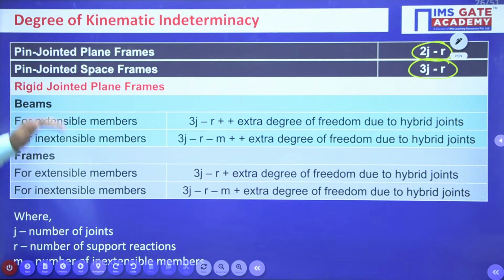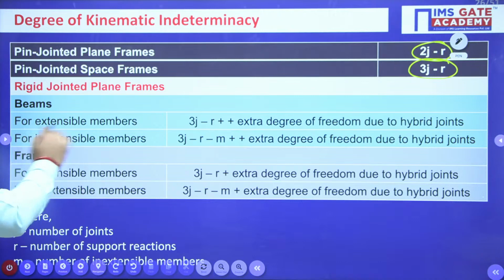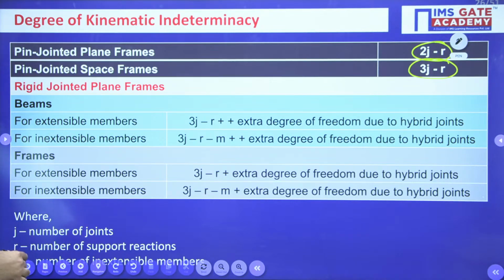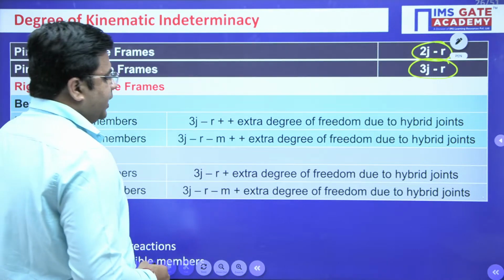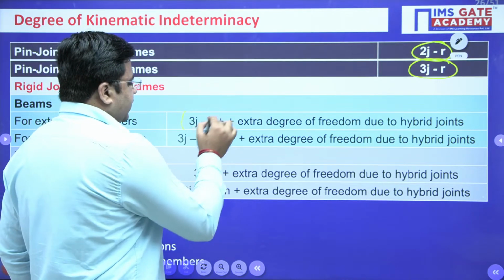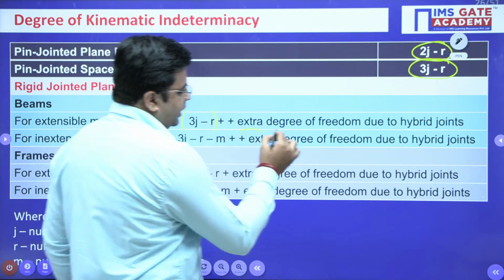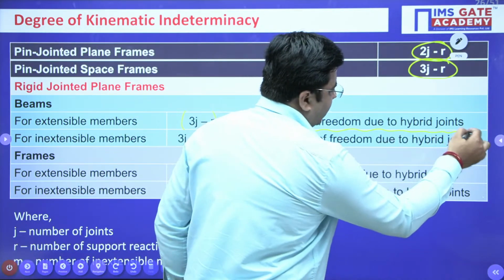When we talk about rigid jointed plane frames, if the members are extendable, then for beams, the degree of kinematic indeterminacy is 3j minus r plus extra degree of freedom due to hybrid joints, right?